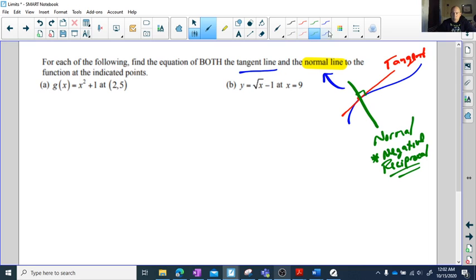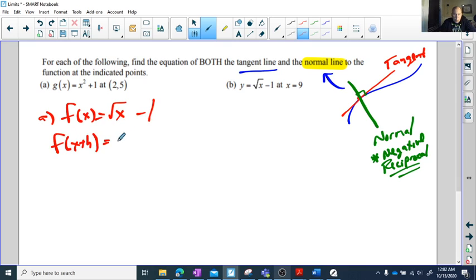Let's do this one. Y equals the square root of x minus 1. So this is my function. So f of x is the square root of x minus 1. F of x plus h will be the square root of x plus h minus 1.